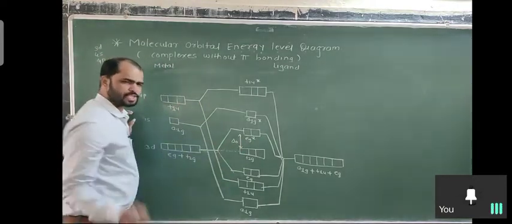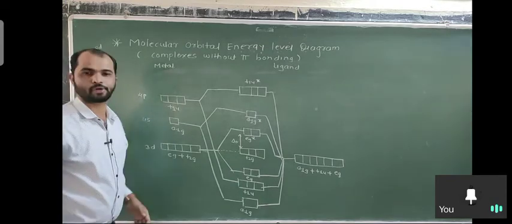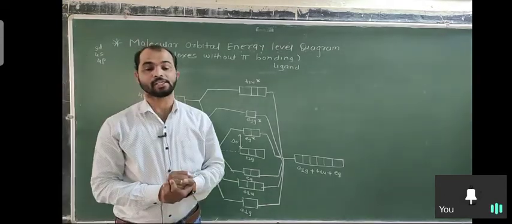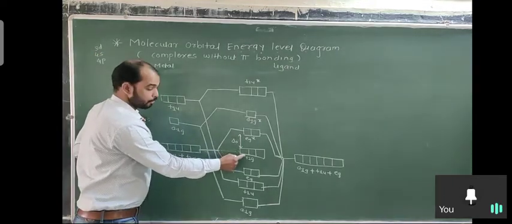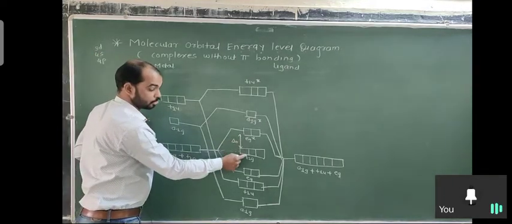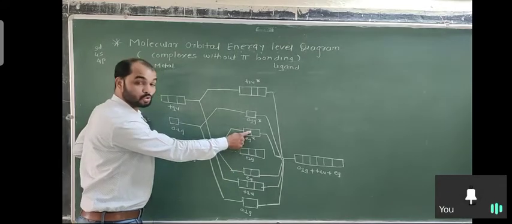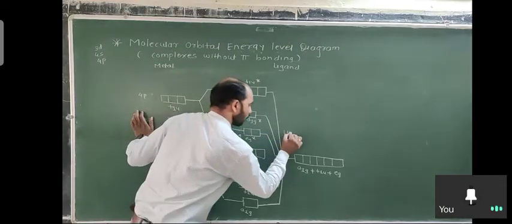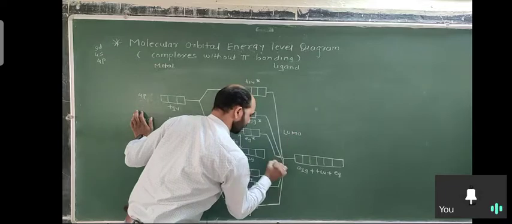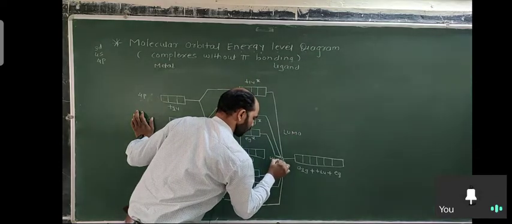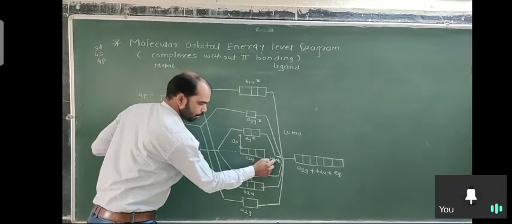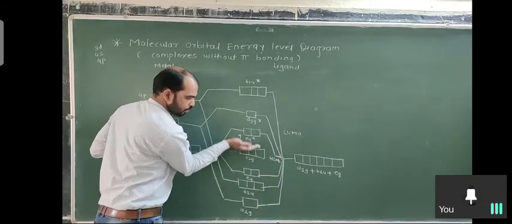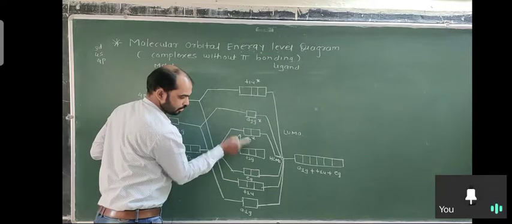One of the terms used in molecular orbital theory is HOMO and LUMO. HOMO is the highest occupied molecular orbital, and this one is the lowest unoccupied molecular orbital, LUMO. So between the highest and the lowest there is an energy difference. This is not an energy difference.